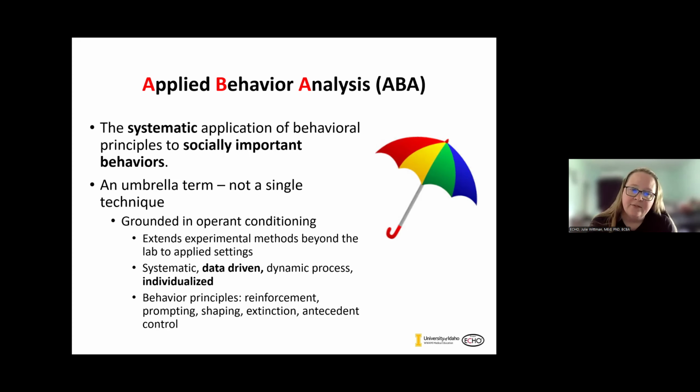And it takes a lot of those experimental methods beyond the lab to the applied setting. ABA is systematic in that we're looking at behavioral change through some kind of prompt fading or systematic way to teach something by taking the steps of something and breaking it down and slowly increasing the number of steps that they can do of a particular skill.